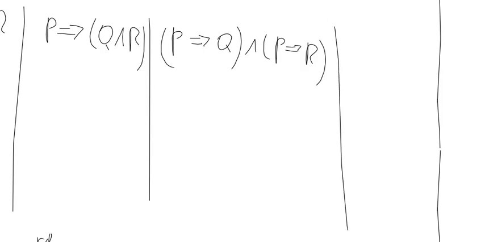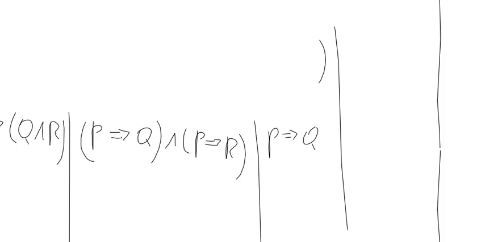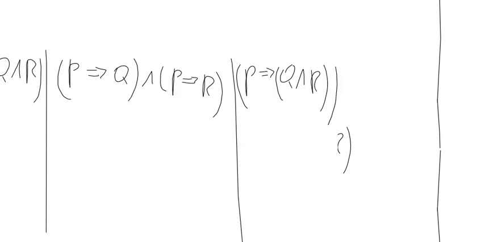And then finally, we need to figure out the whole thing. The biconditional. So P implies Q and R, all in brackets, if and only if.